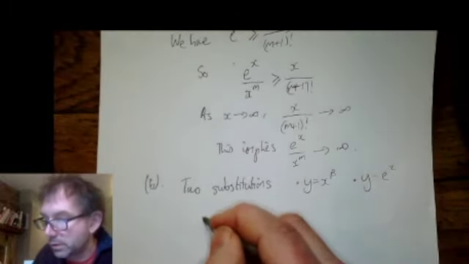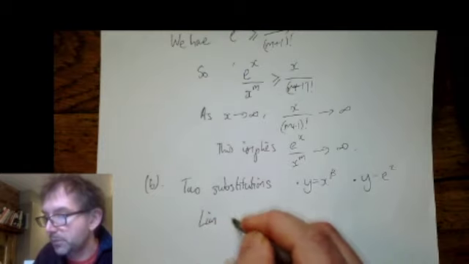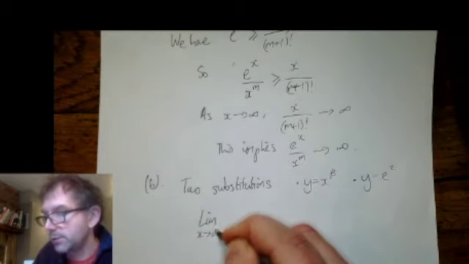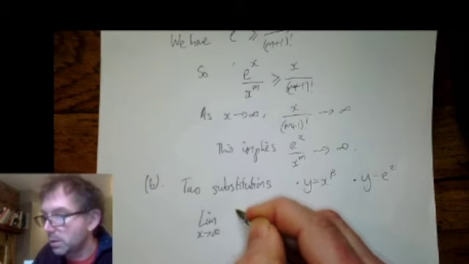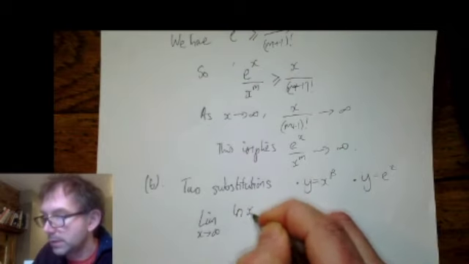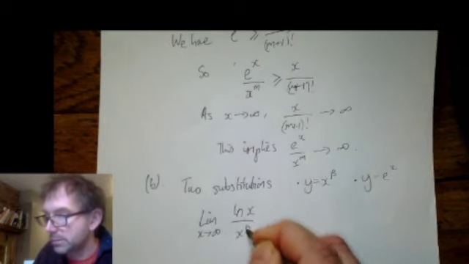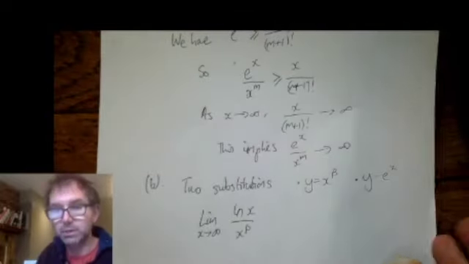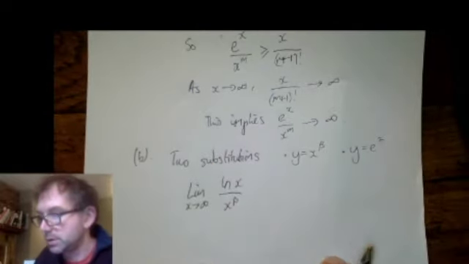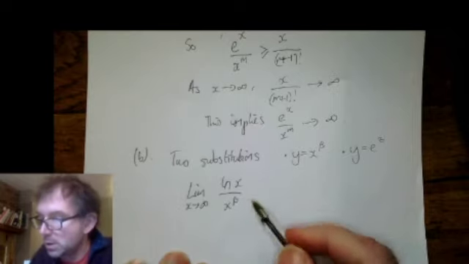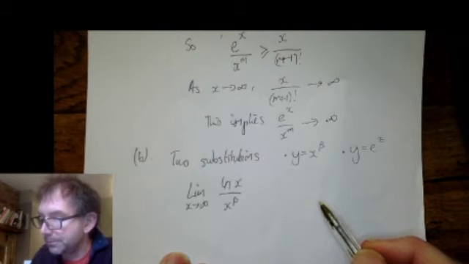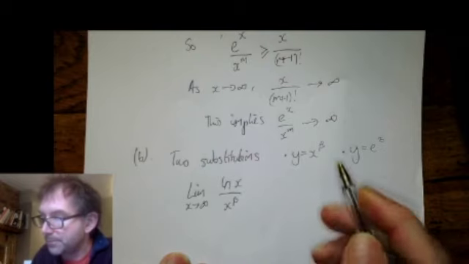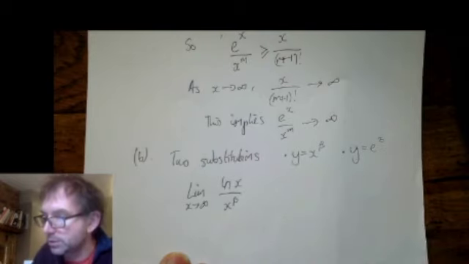But we want to calculate the limit as x goes to infinity of, let's do it this way, log x over x to the beta. I want to see whether that is going to be 0 or something else. Okay, so let's try the substitutions.